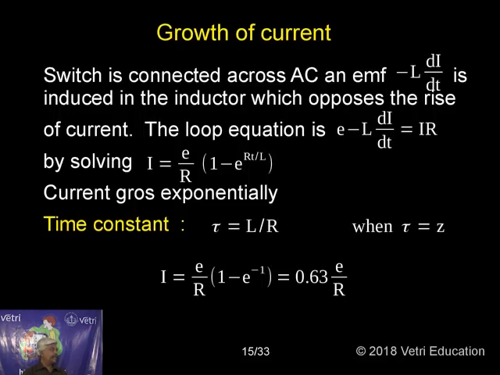The loop equation is E minus L di by dt equal to IR, where IR is the voltage. The induced EMF is subtracted because it acts in the opposing direction: E minus L di by dt. This is the induced EMF, and E is the applied EMF.